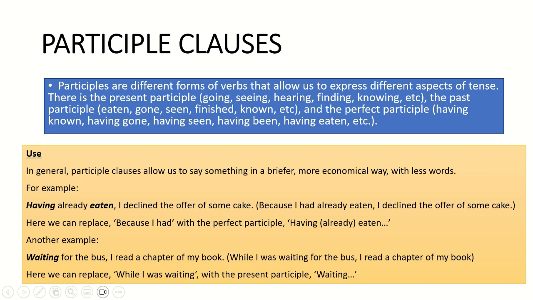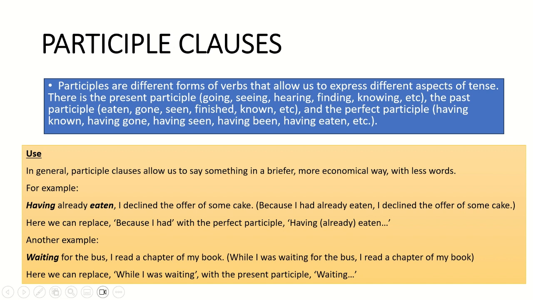So I can say that in shorter words, like having already eaten. Pay attention that in participle clauses, the subject of the participle clause and the main clause should be the same. So who had already eaten? I. And who declined the offer? Also I. So the subject should be the same. So I replace this part, because I had already eaten, with this participle clause, which is a perfect participle clause.